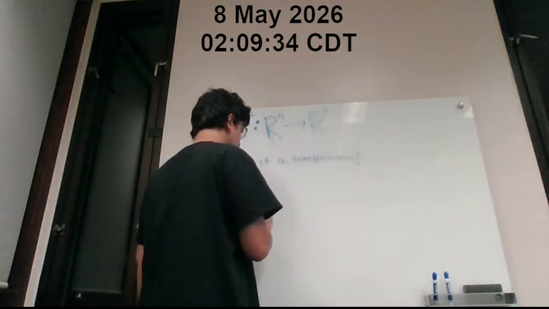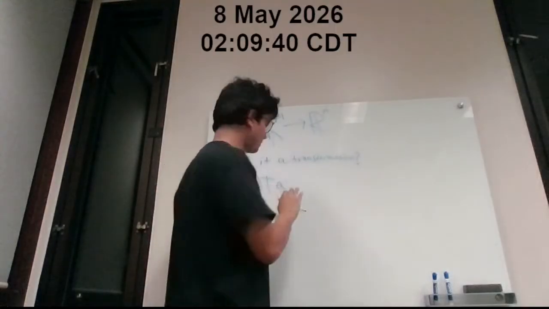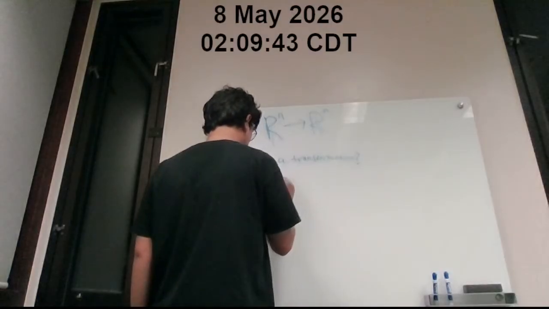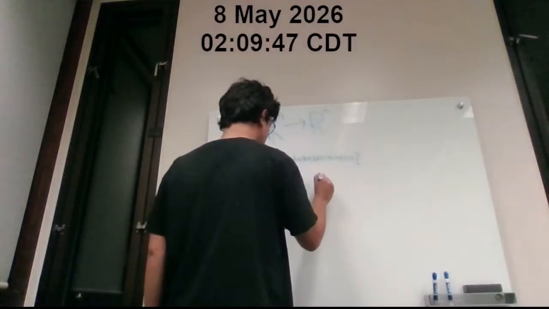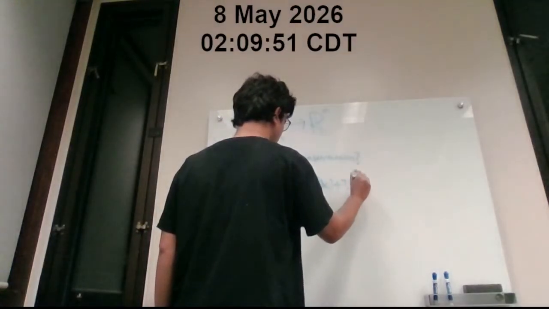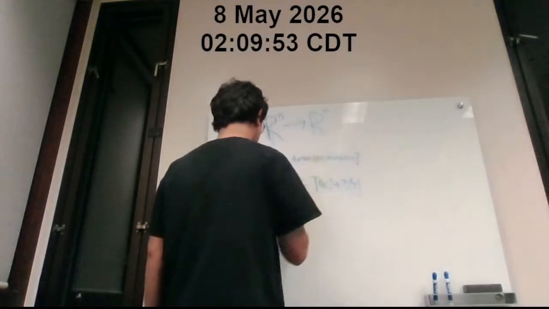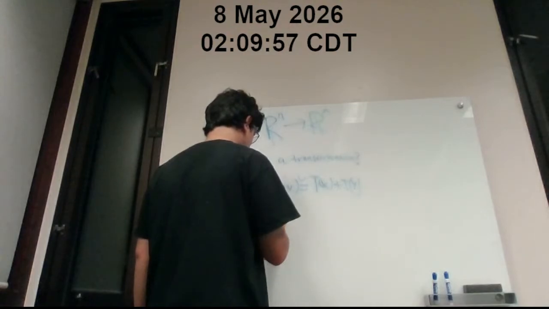Number 1, the transformation is closed under addition. So for example, you have the transformation of x plus y, and then it equals the same as the transformation of x plus the transformation of y. That's criteria 1. Criteria 2 is if it has a scalar multiple.